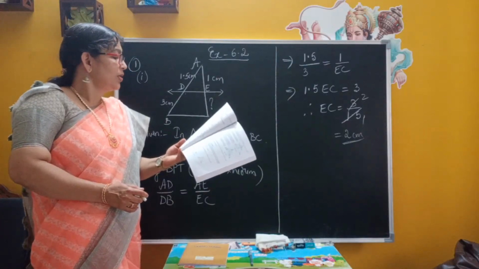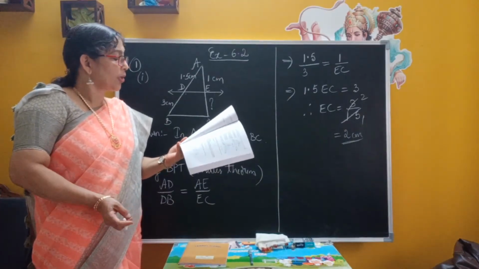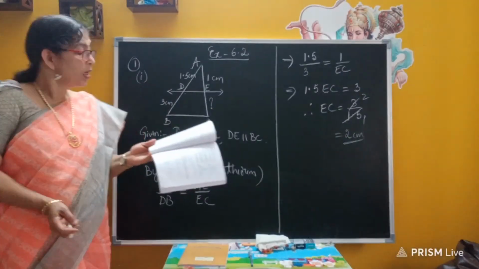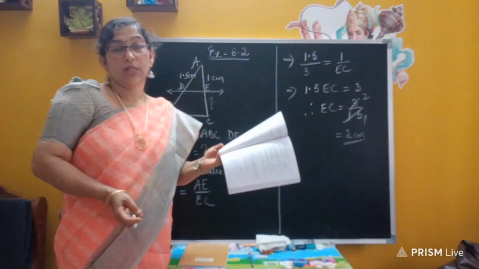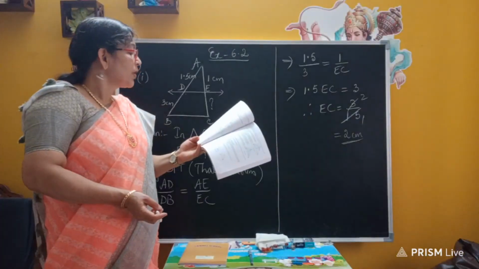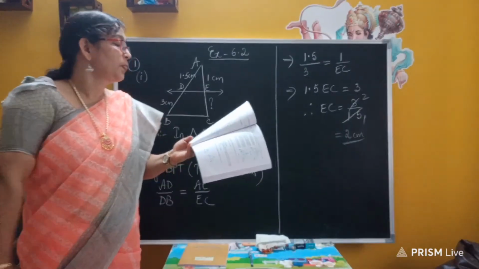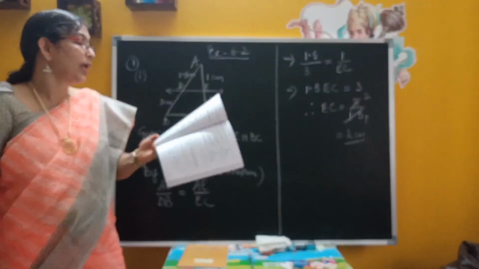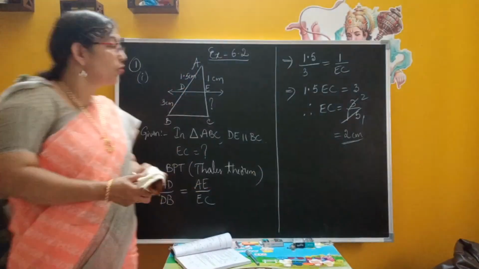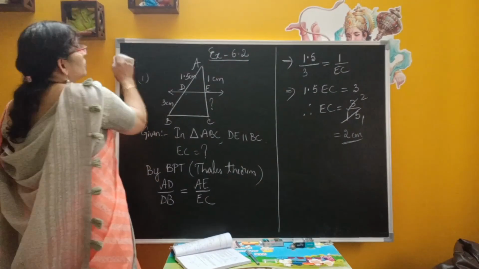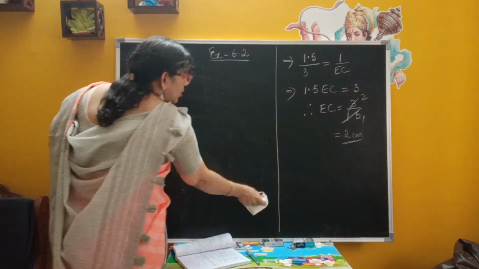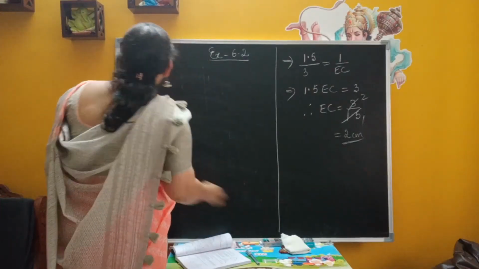E and F are points on the sides PQ and PR respectively of a triangle PQR. Here also a figure is given. Is the figure related to that? No, that's a different one, so we need to draw the figure for this based on the given data. Basically, we need to draw a triangle PQR. So let us draw triangle PQR.